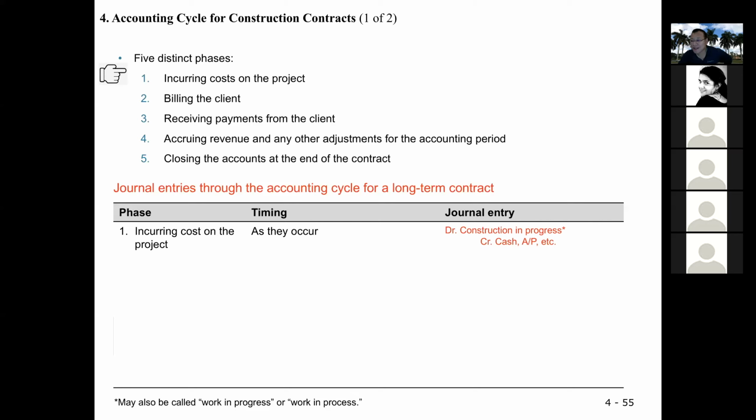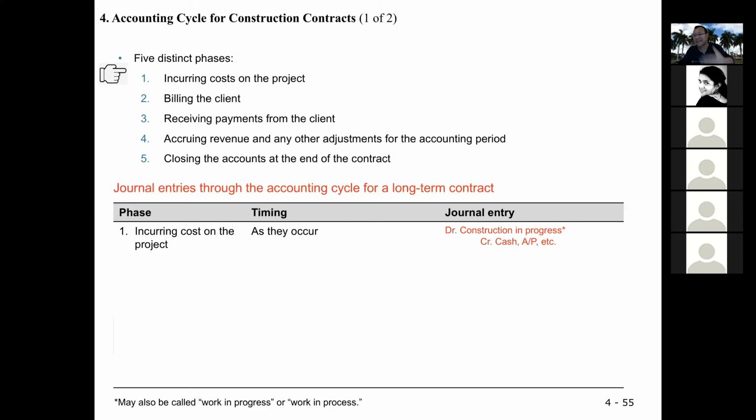The nature of the business of this construction contract is to create an asset, just like you make furniture, or whatever good, right? In 2400, you learned about it. For manufacturing industries, you have raw materials, you have work in progress.